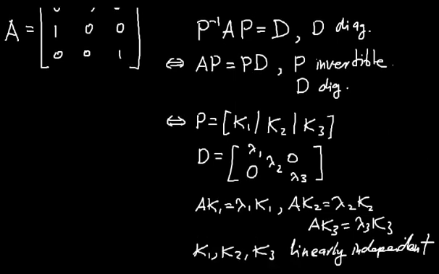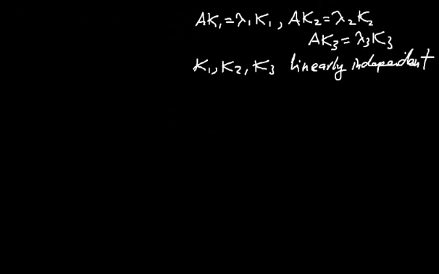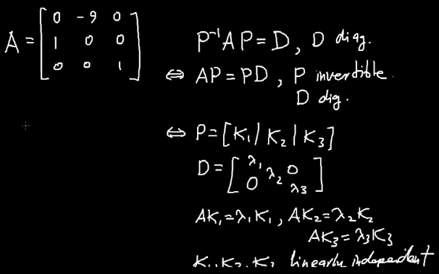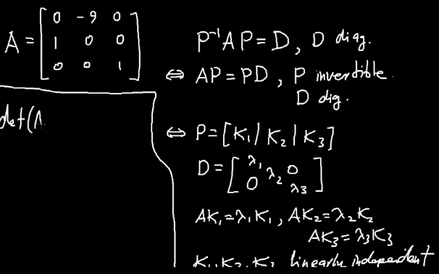The first step is to look into the characteristic equation. What is a characteristic equation? It is the equation: the determinant of A minus lambda I equals 0. That matrix is the A matrix with lambda subtracted away from its diagonal entries.